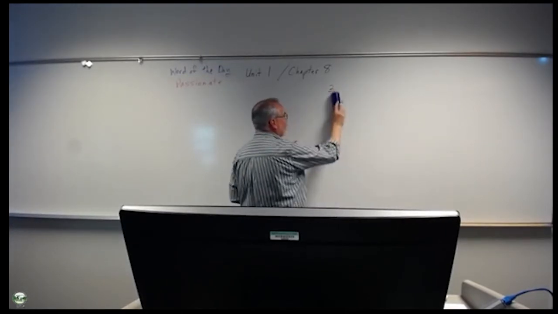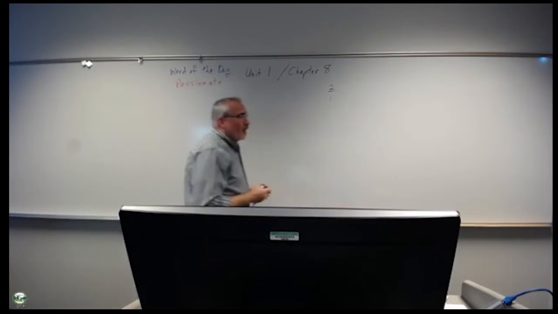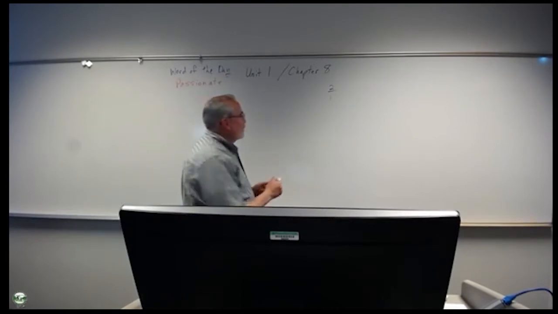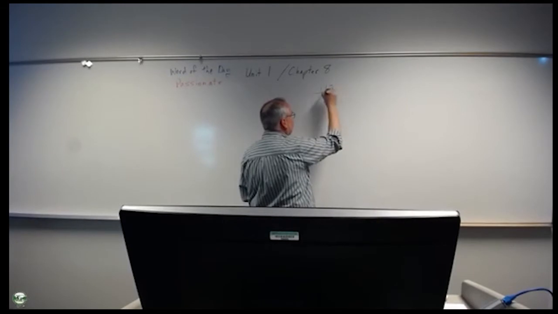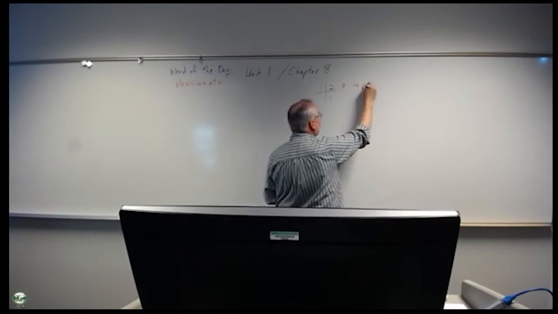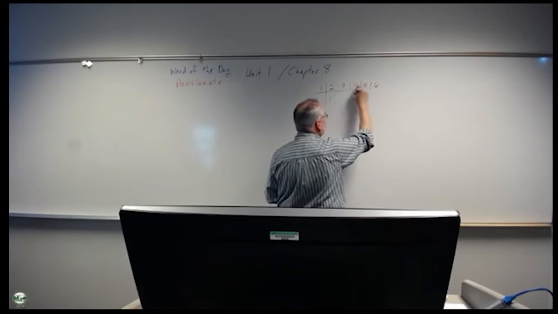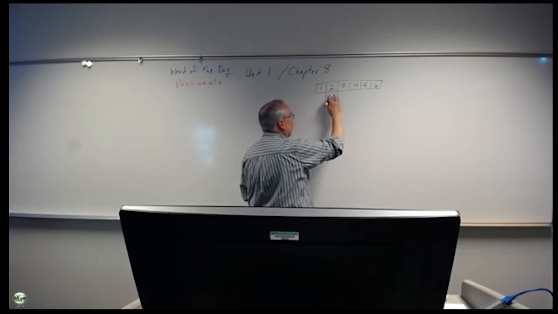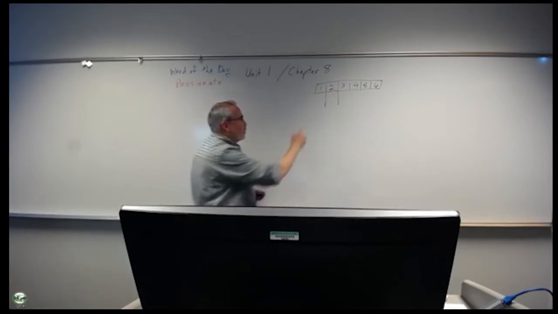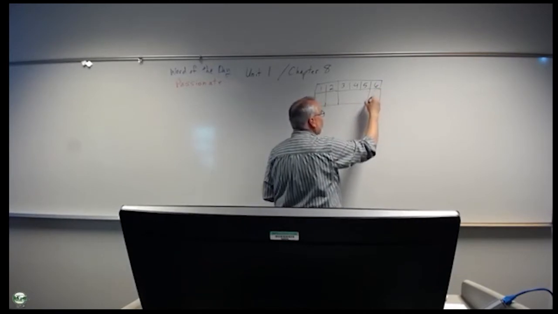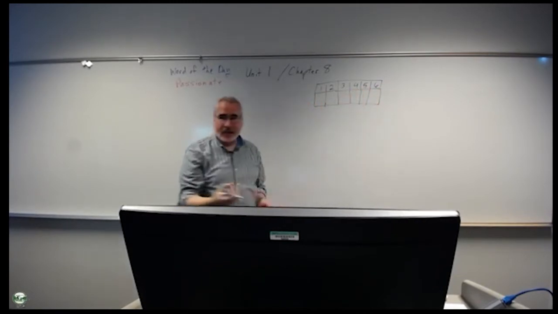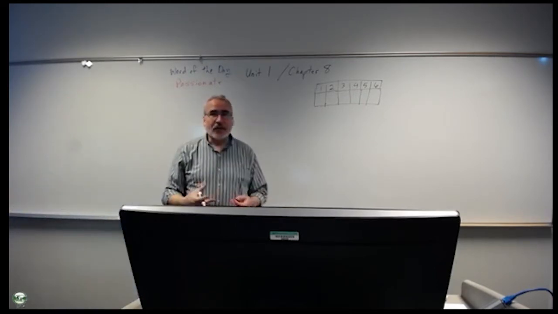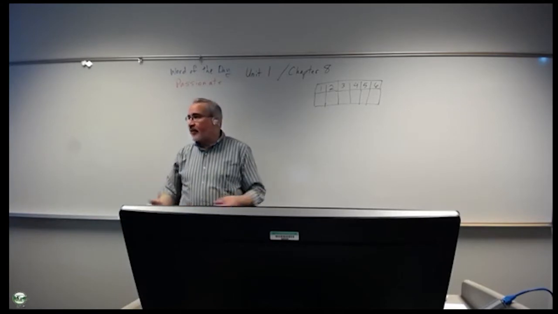Well, let's just roll it once. Let's make it a little bit more interesting. All the possible things that could happen when I roll a dice, I can get a 1, 2, 3, 4, 5, 6, right? Those are all the possible outcomes. Are those simple outcomes? Yes, because that's as simple as it can be broken down.